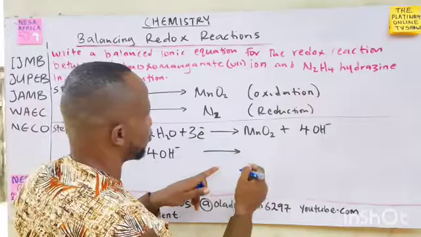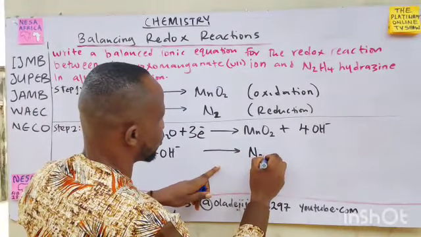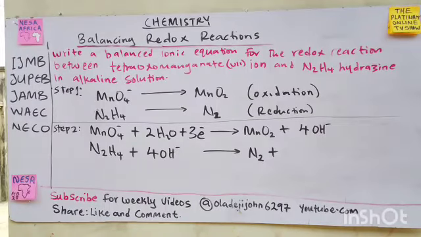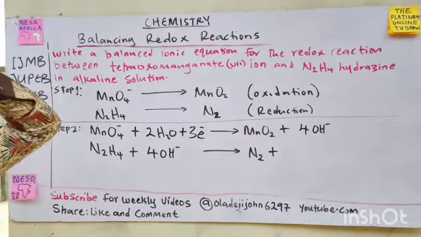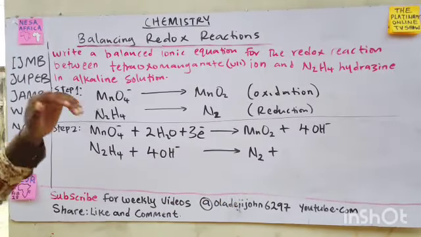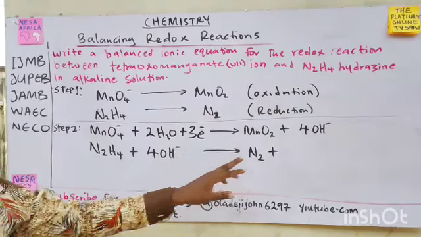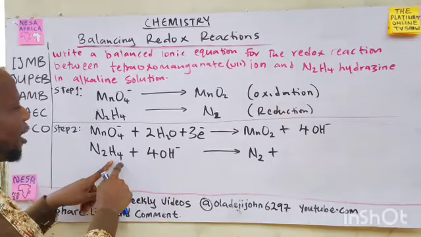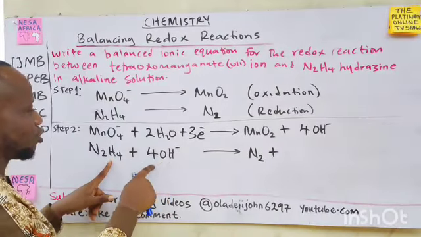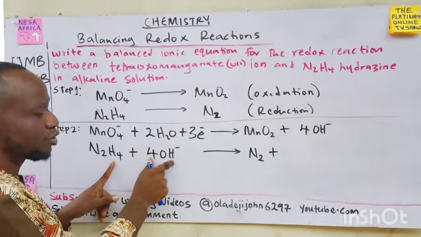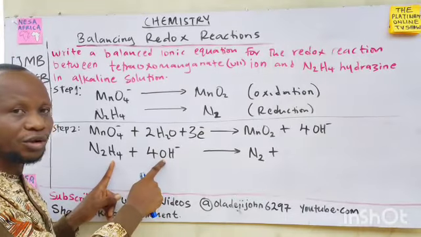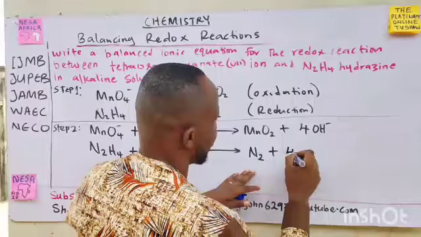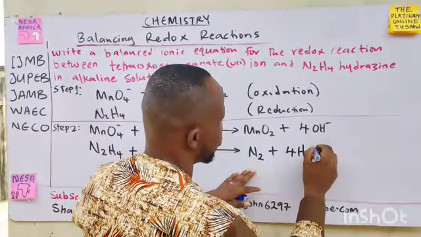So we continue from what we have, N2 plus, how much water are we adding? If you check the balance, 4 hydrogen is produced already, so we have 4 plus 4 hydrogen, that's 8 hydrogen. Then 8 hydrogen gives us 4 molecules of water, 4H2O.